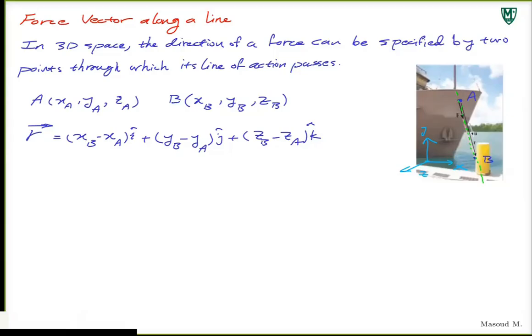All right, so if you think about A and B with X, Y, and Z coordinates for each one, it is represented that way, right?